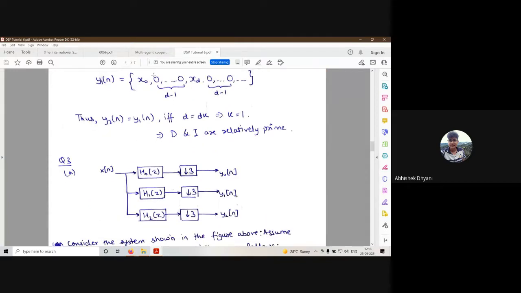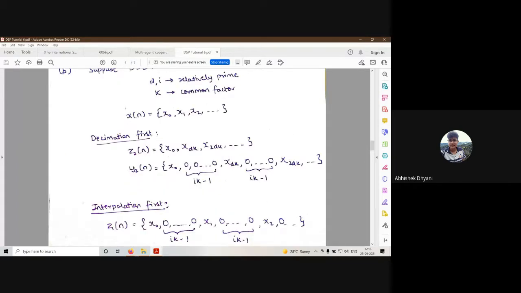If it selects first some element x naught, then whatever element gets selected next, xd, could be anything, but there has to be a gap of d minus 1. So basically the number of zeros has reduced to d minus 1, and the next element will be simply at dk.